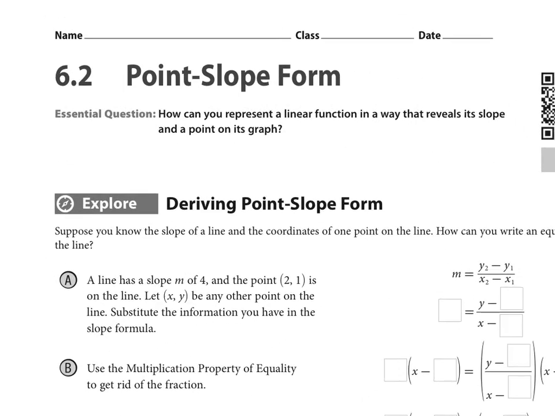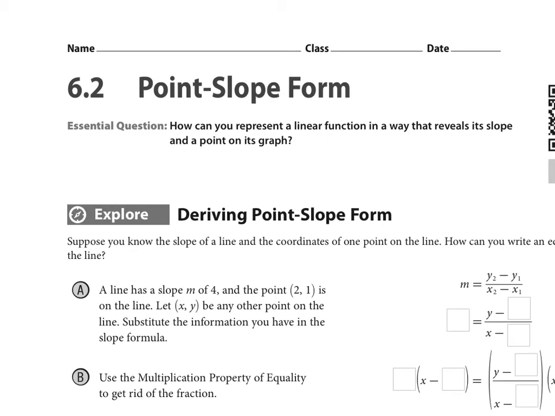If you recall, we worked with a form called the slope-intercept form. And this form was very helpful to us because it revealed the slope and the y-intercept. It is called slope-intercept form, so it doesn't tell us the x-intercept.